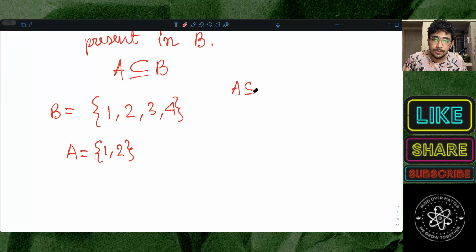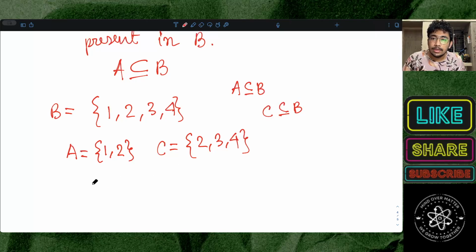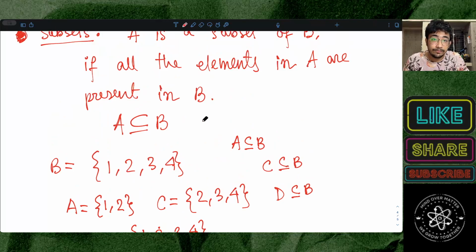A is a subset of B because 1 and 2 both are present in B. Also if another set C is {2, 3, 4}, then C is also a subset of B. And if another set D is the B set itself, {1, 2, 3, 4}, then D is also a subset of B, because the definition says if all the elements are present in B, then it's a subset. According to the definition, D is a subset of B.